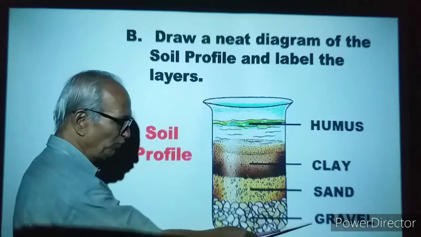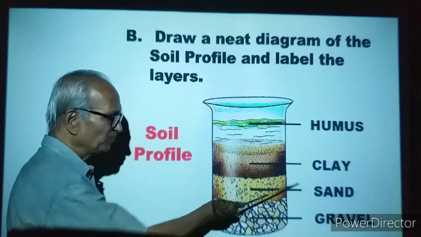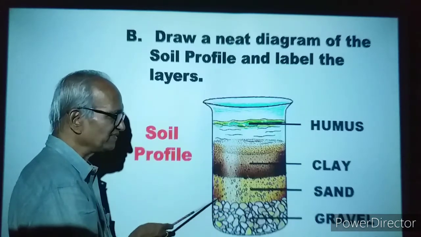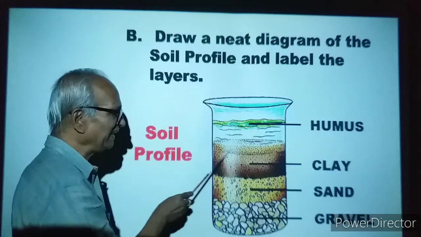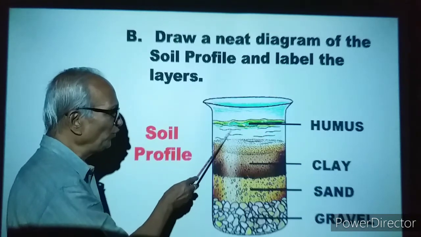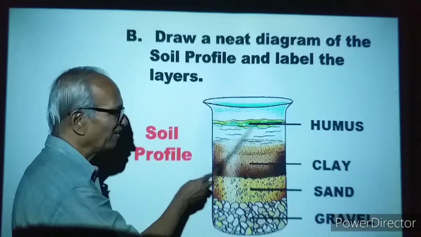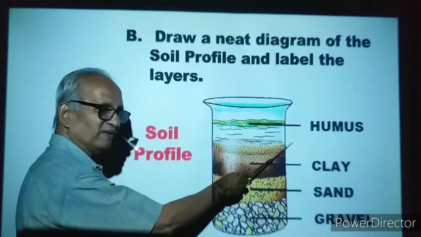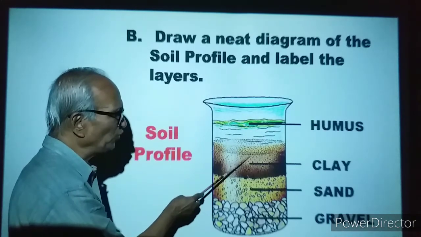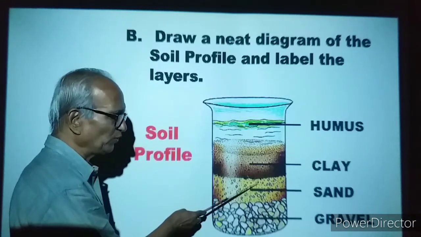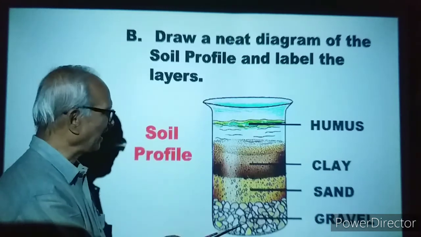At the bottom, you have gravel, big stones, then sand particles, then sticky clay, and then water and humus. Water you need not show separately. Humus is at the top. Beneath humus you have clay, beneath clay you get sand, and at last at the bottom you find gravel.